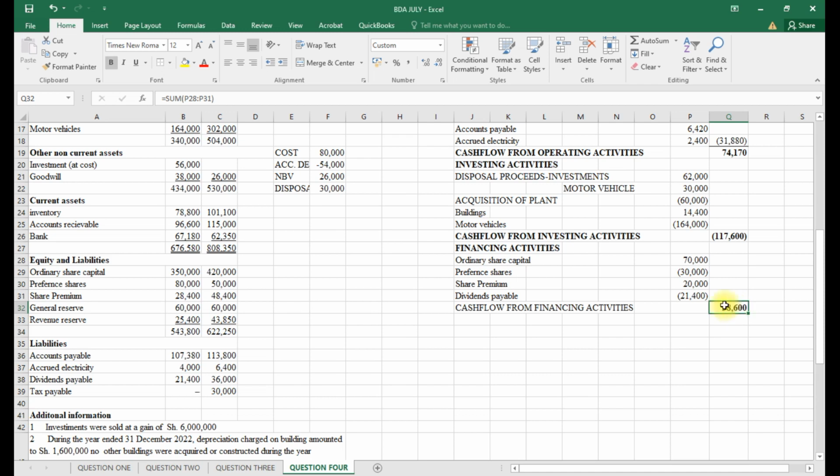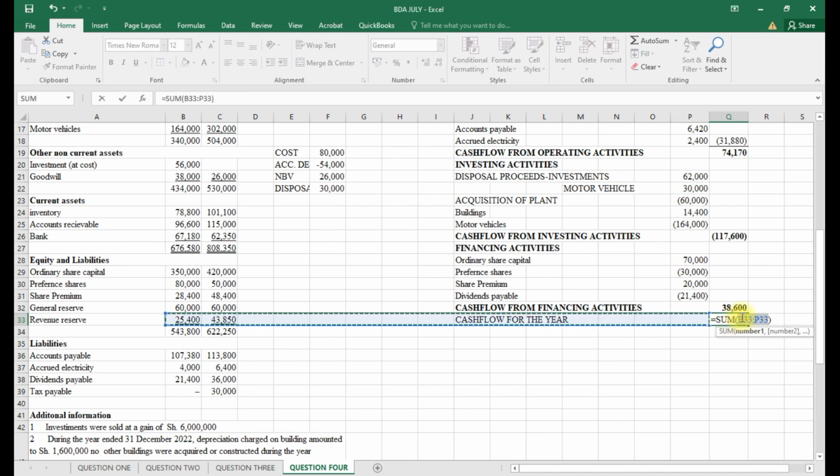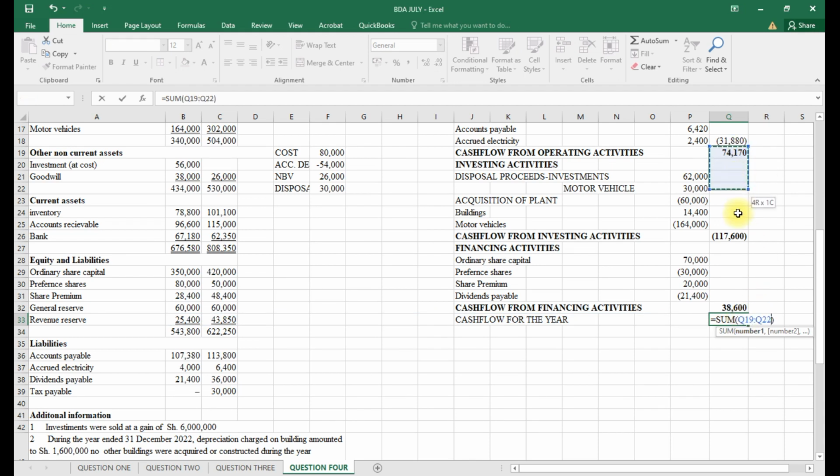I bold this and this, and get the cash flow for the year. It should be alt equals, need a sum of the three of them, and I enter.